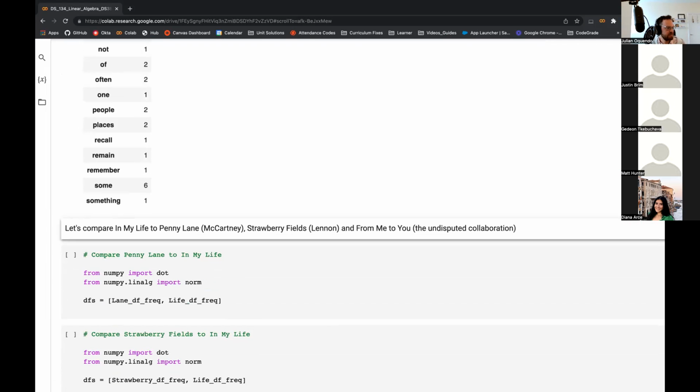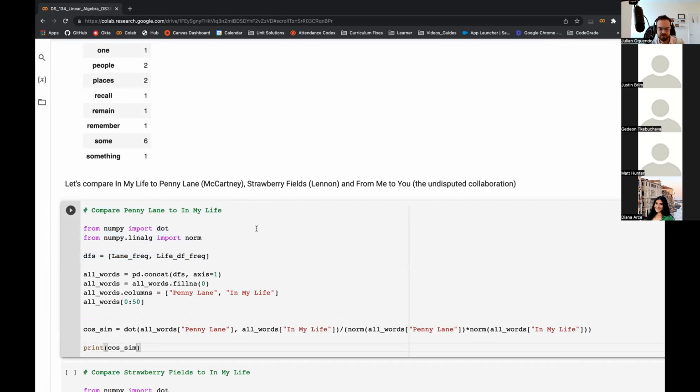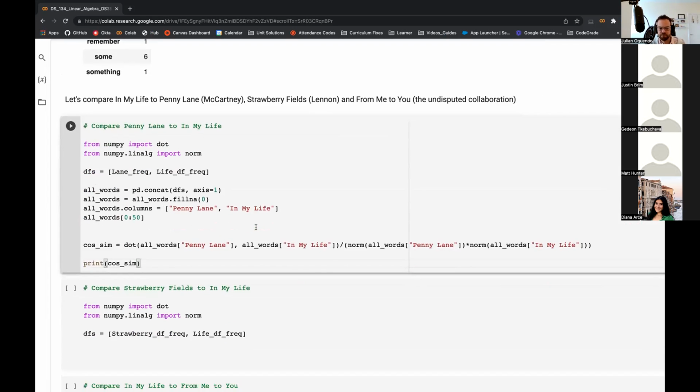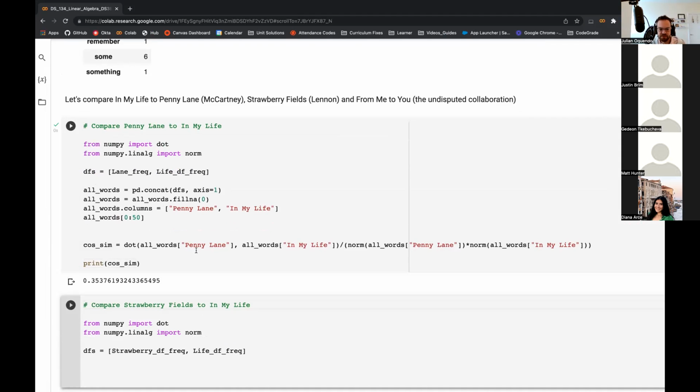We've got Penny Lane to In My Life. And if we wanted to measure the songs In My Life to Penny Lane, we can then compare all of these different sets of values. Between Penny Lane and In My Life, again, Penny Lane is the Paul McCartney song, and In My Life is the disputed song.